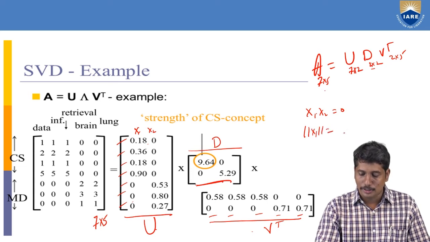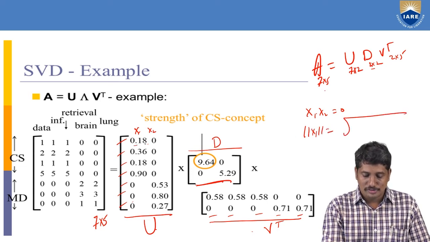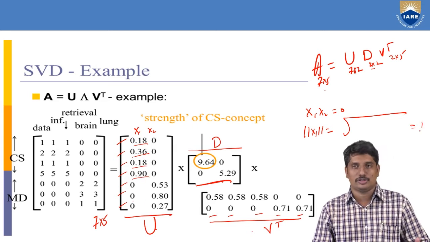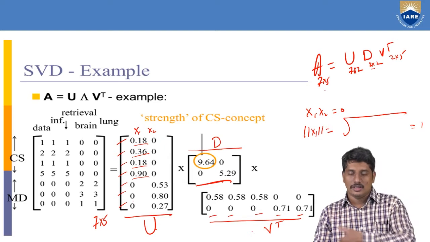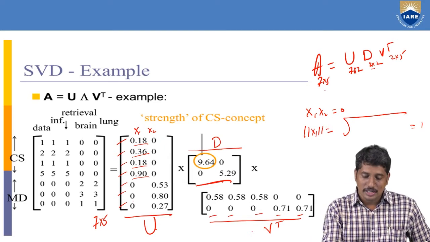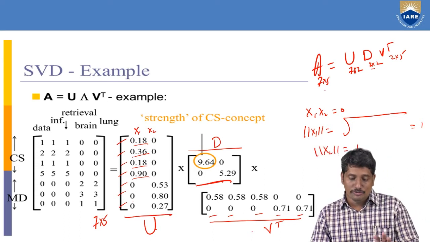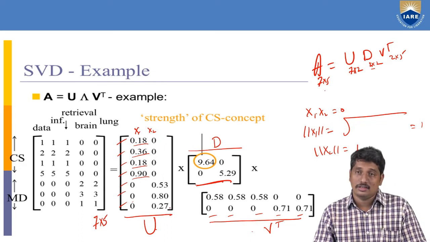That means if you calculate the root of 0.18 square plus 0.36 square plus 0.18 square, 0.9 square, it will be approximately equal to 1. Approximately, need not be exact. It will be like 0.99 something. Similarly, the norm of x2 will also be 1.